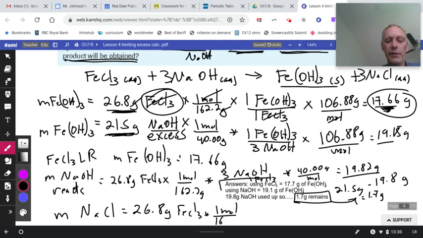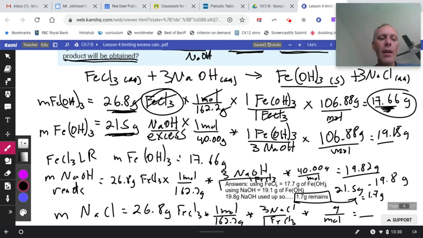Get its moles, 162.2 grams. We're looking for NaCl, so it's 3 NaCl for every 1 FeCl3, and then we would need the molar mass of NaCl in grams per mole, and that would give you the mass of that product. And I don't actually have it, and that's okay. You could certainly look that up and figure it out. You've got the patterns down.